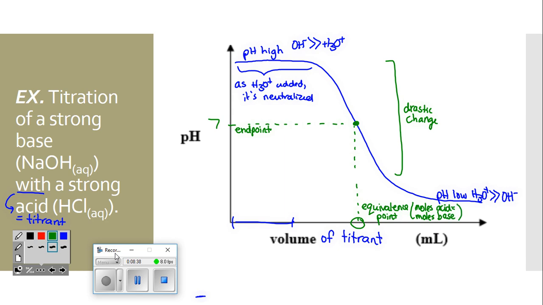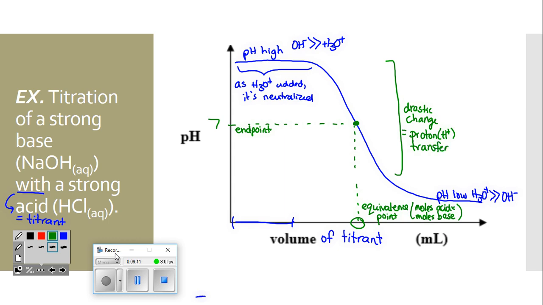And I said in our review today, we were going to start talking about acid-base stoichiometry. Here it is. We know we're at the end of a titration when we have the same number of moles of acid and base reacting. That's when the reaction was complete. Now, when we see a drastic change, it tells us that there was a proton or H+ transfer.